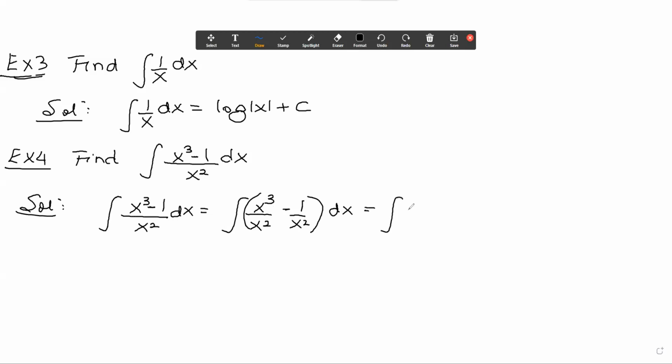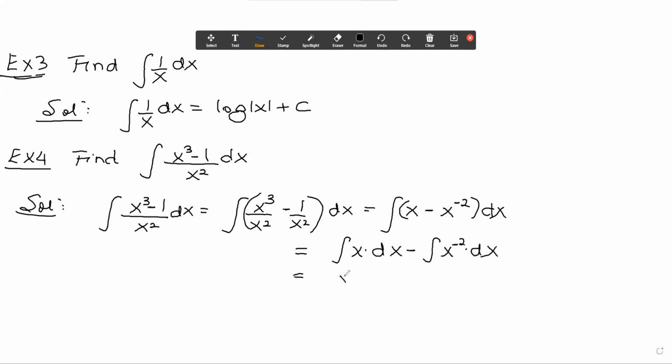X cube by x square is x, minus 1 upon x square is x to the power minus 2, dx, which will be integral x dx minus integral x to the power minus 2 dx.